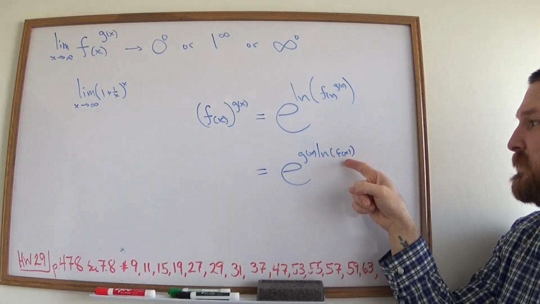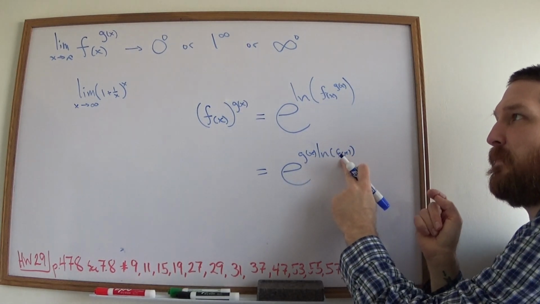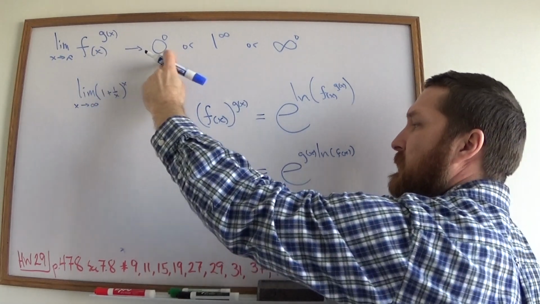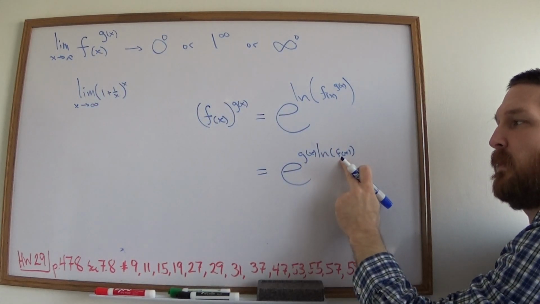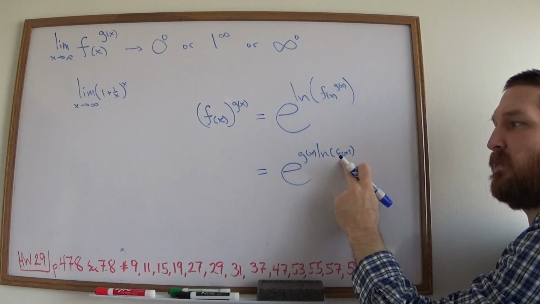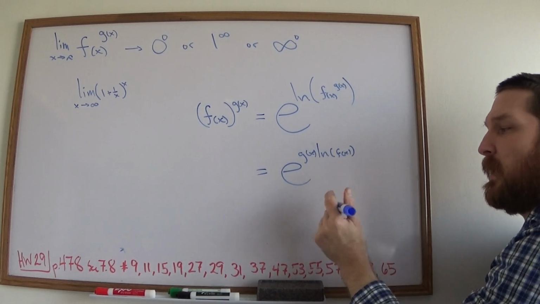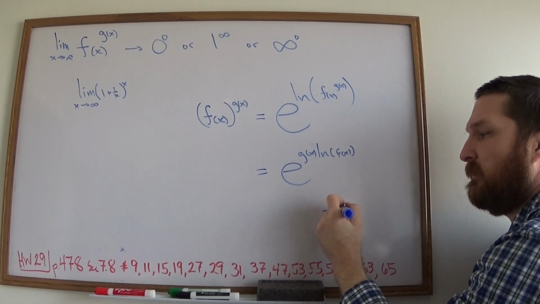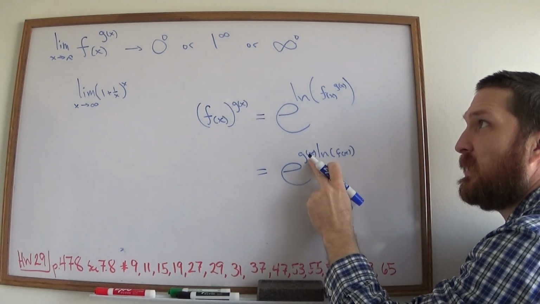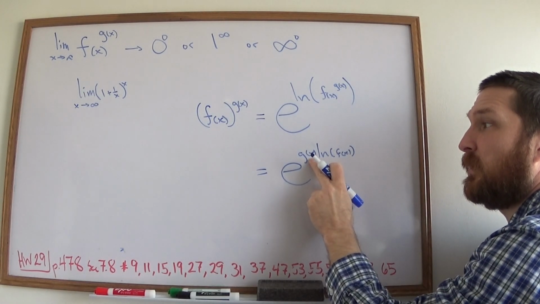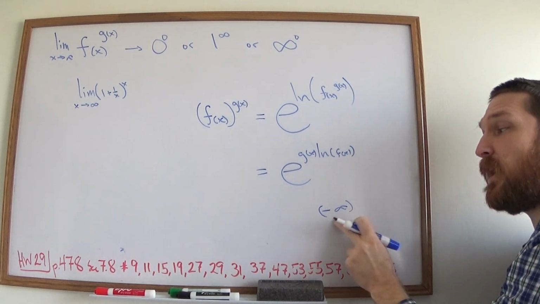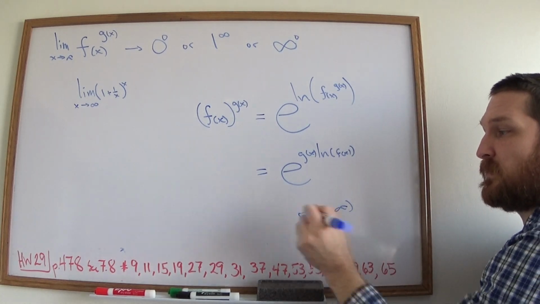Now let's just look at this. Because we're seeing f is going to 0, if f goes to 0, then log is going to negative infinity. And so the only hope is that g goes to 0.